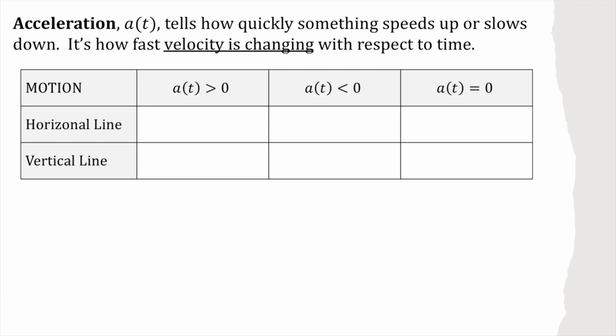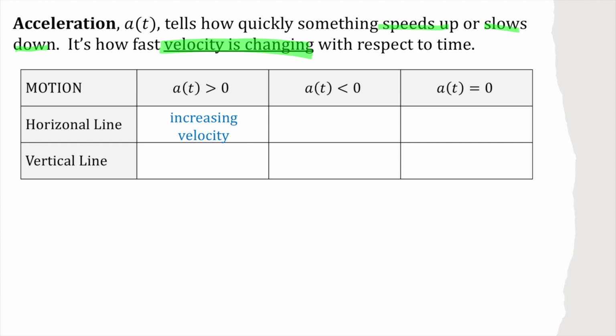Acceleration. Acceleration, that's the first derivative of velocity, tells us how quickly something speeds up or slows down. It's telling us more specifically how velocity is changing with respect to time. So for a horizontal line, if acceleration is positive, then the velocity is increasing.